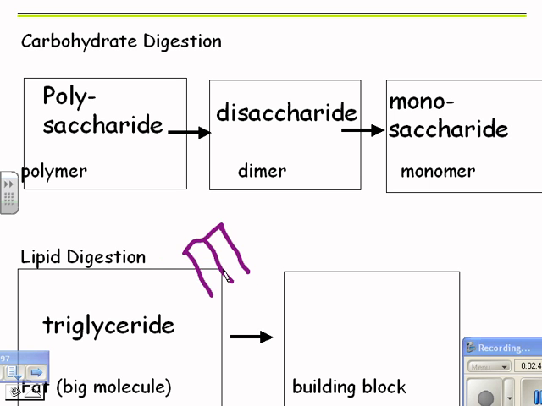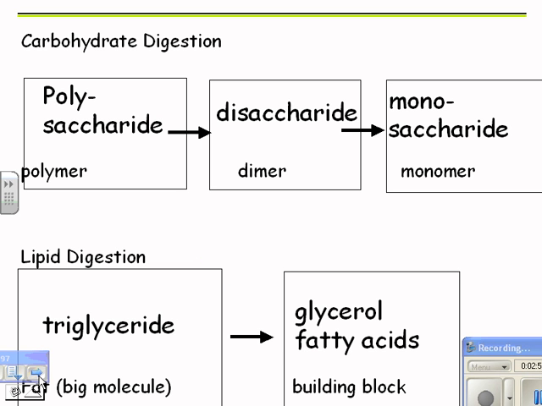It's not really a polymer because it's not like a little thing connected to another, and another. It's just these 2 things connected together, glycerol and then the fatty acids, so there's 4 things altogether. Anyway, you break it up into glycerol and 3 fatty acids.